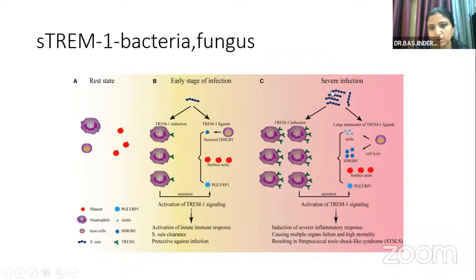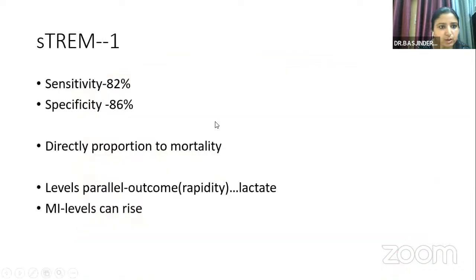And on the other side, you can see if there is severe infection, more of the myeloid cells get triggered by this molecule on the receptors, and there is a more severe inflammatory response. So it is directly proportional to the load of the infection. So STREM1 sensitivity is 82%, specificity 86%, and depending upon its levels, it is directly proportional to mortality.